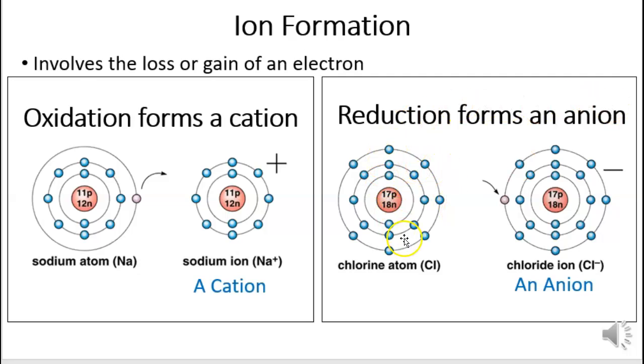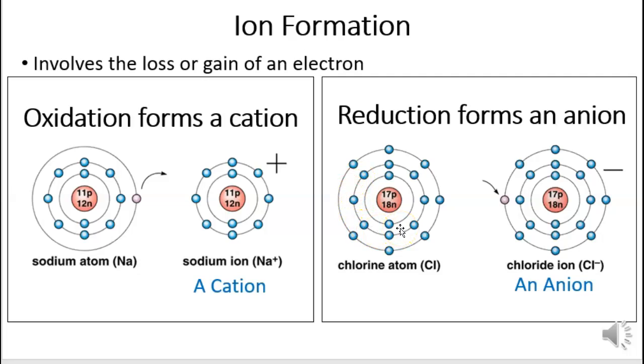This picture on the right shows reduction, or the formation of an anion. In this case, we use a chlorine atom that has 17 electrons. We know it has 17 electrons because there are 17 protons. The first orbital has 2 electrons. The second orbital has 8 electrons. That's 10.